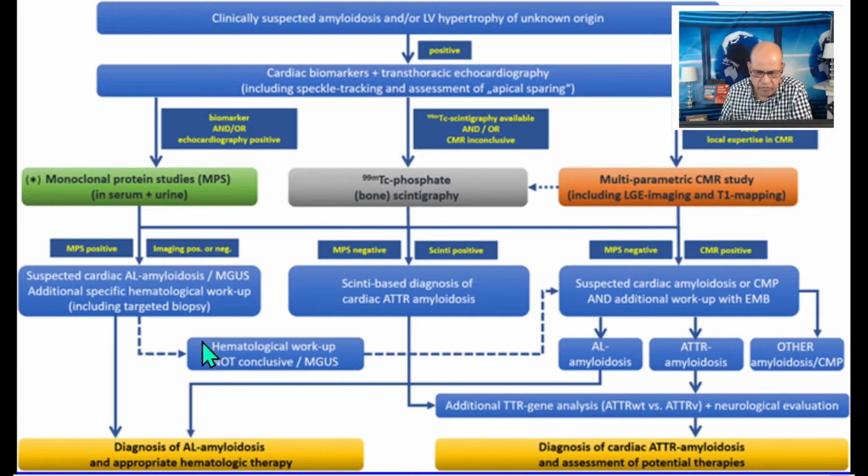From there, we can see what we need to do, depending on whether we are dealing with AL amyloidosis, where appropriate hematological therapy to reduce the plasma cell activity may help to reduce the amount of deposition of amyloid in the cardiac tissue. If it's a genetic disorder, these patients need genetic counseling and appropriate treatment.